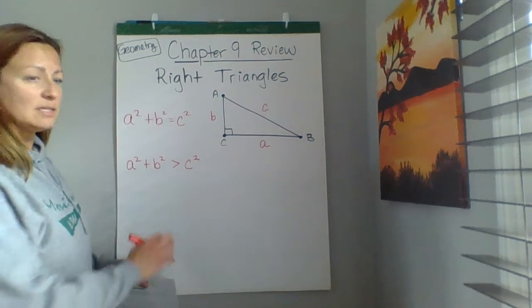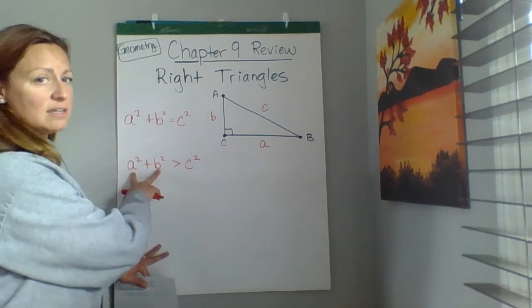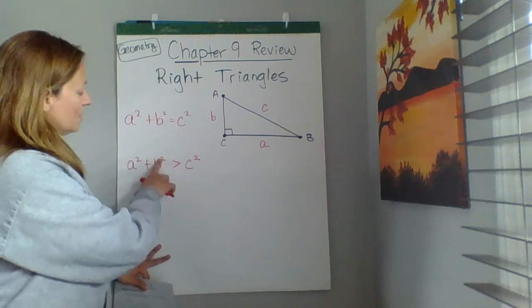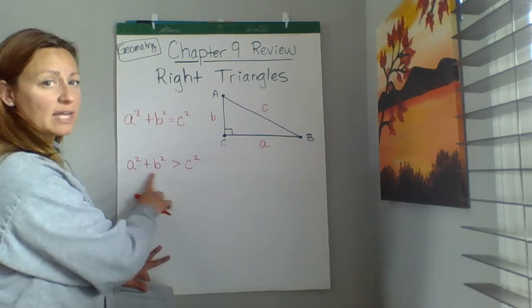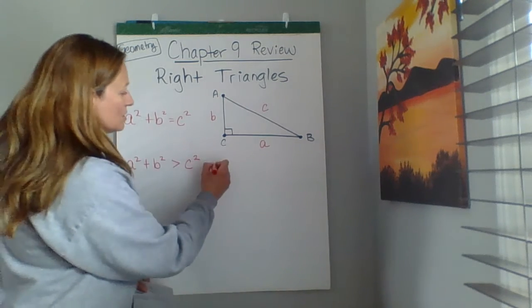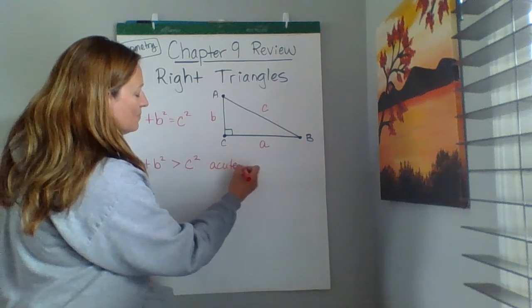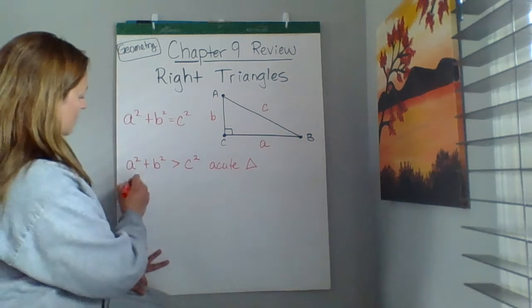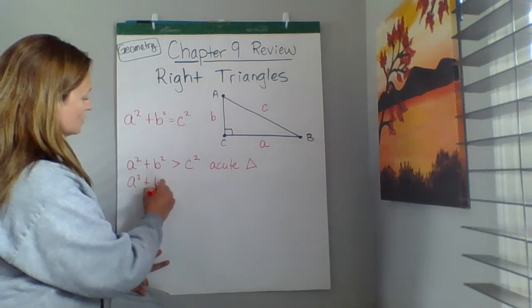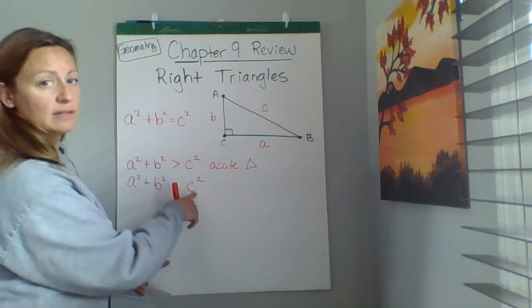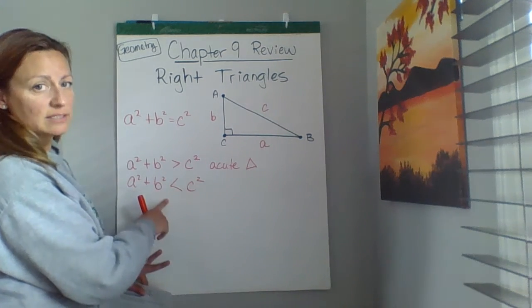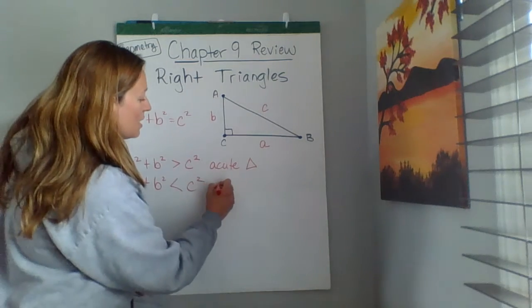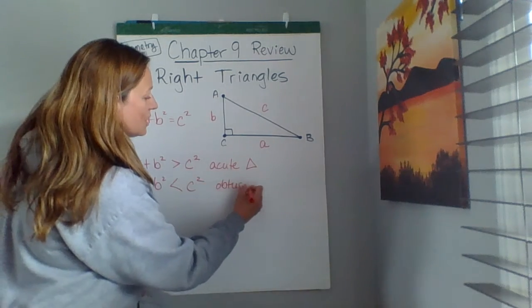an inequality where plugging in the a and the b results in a value that the hypotenuse squared is less than the sum of the legs squared, then this would actually be an acute triangle. And if the hypotenuse squared comes out to be greater than the sum of the legs squared, you end up with an obtuse triangle.